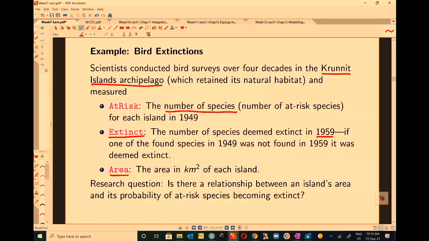The idea is, is there a relationship between the island's area and the probability of at-risk species becoming extinct? The at-risk species are those that are still there. Those that are extinct are those that were seen in the decade from 49 to 59, and the area as we're looking at here.